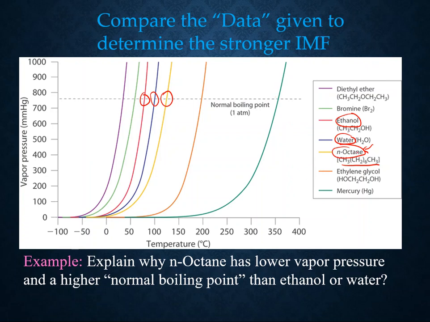Yes, it's nonpolar. Hydrocarbons are always nonpolar because the bonds between them do not have a large enough electronegativity difference. Nonpolar, so this is going to have LDFs only, compared to water and ethanol that have H bonding. Okay. But explain why it has a lower vapor pressure, higher boiling point. What would you say about the forces? The forces of n-octane must be what?